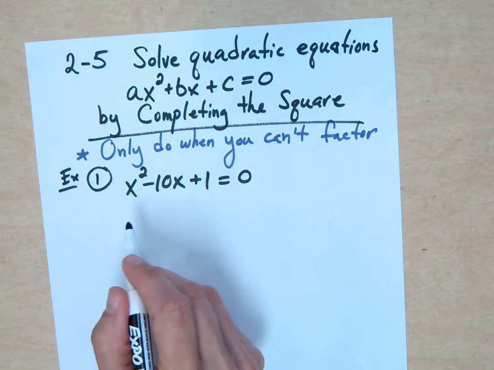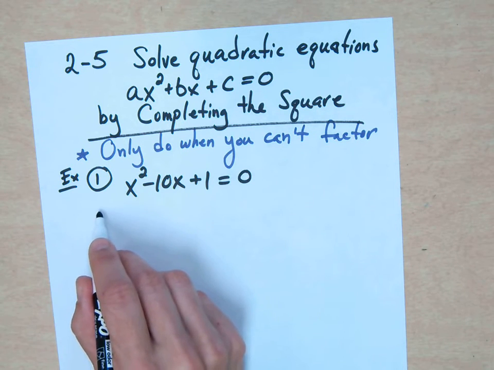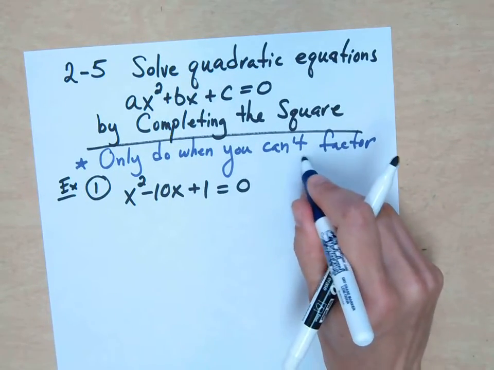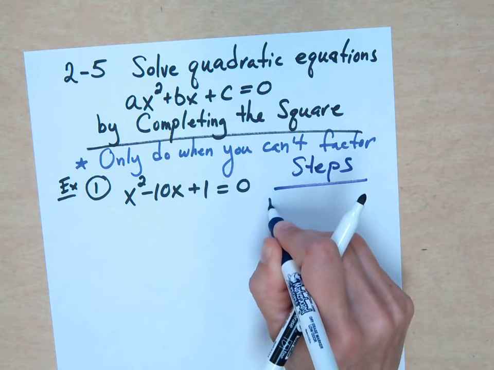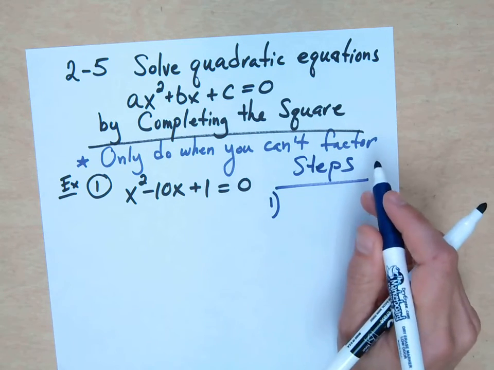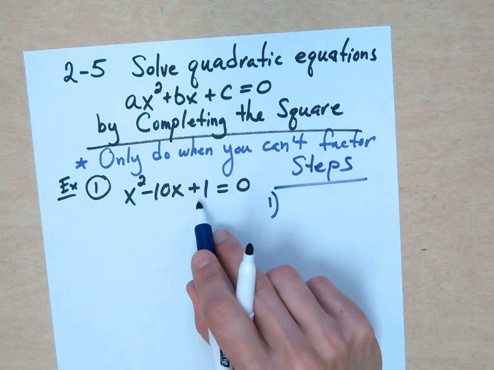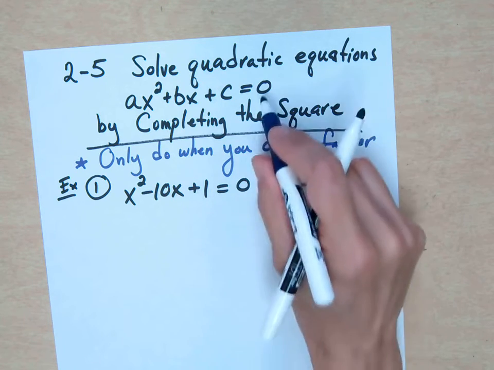So the steps are, and then we'll go back and solve this. Here are the steps. Number one is move this constant to the other side. In other words, that's basically c.